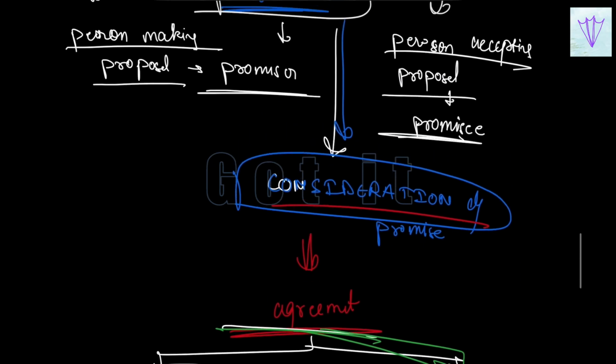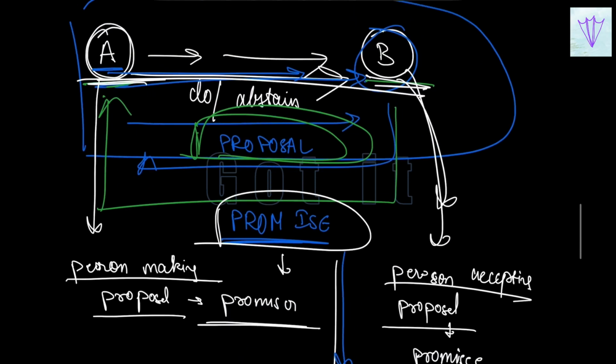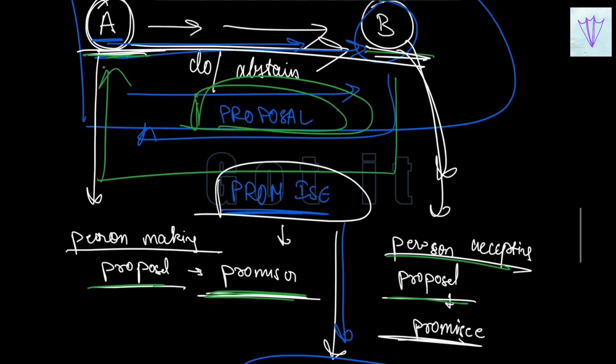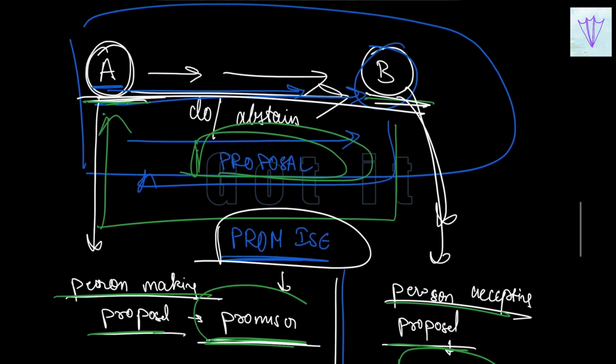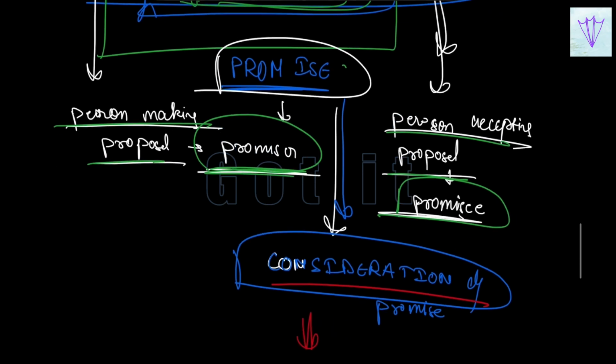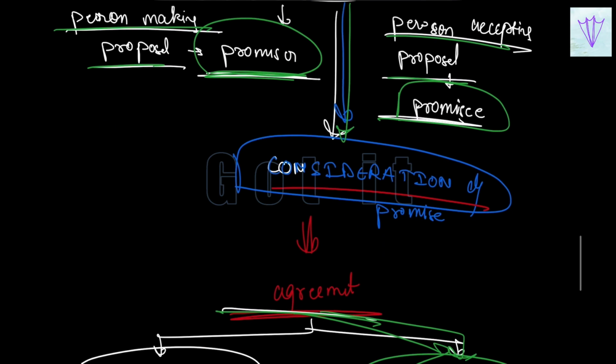So overall, we have seen that the person making the proposal is called the promiser, and the person accepting the proposal is called the promisee. If A sends a proposal to B, and B accepts it, it becomes a promise, and if the promise is followed, it becomes a consideration.